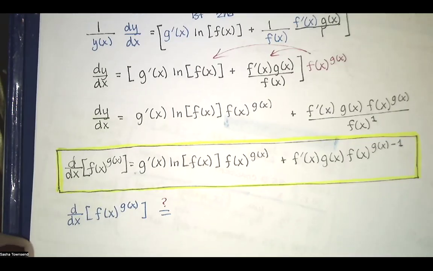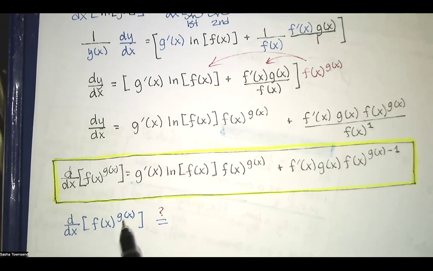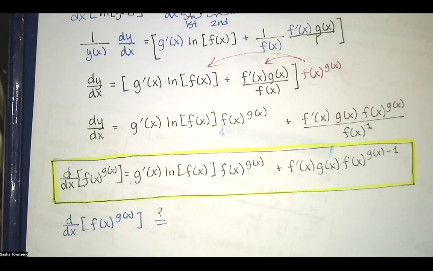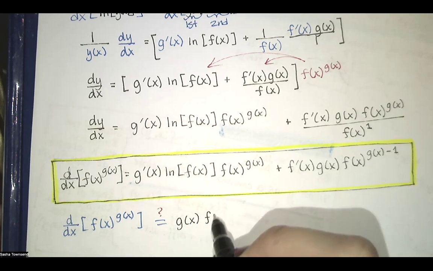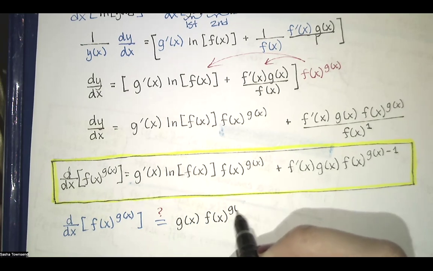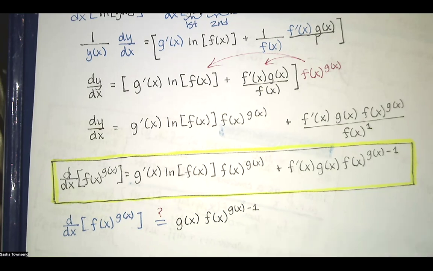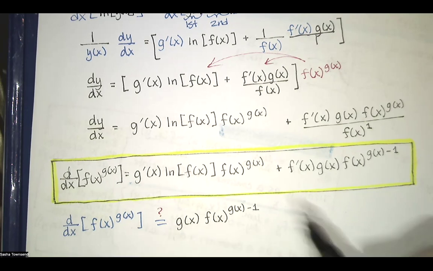Well, if I tried to apply that power rule, where I'm thinking of the power as constant and f is varying, well, I'd have the power times the original base raised to the 1 less power times the derivative of the inside by the chain rule. And the inside function is f of x here.